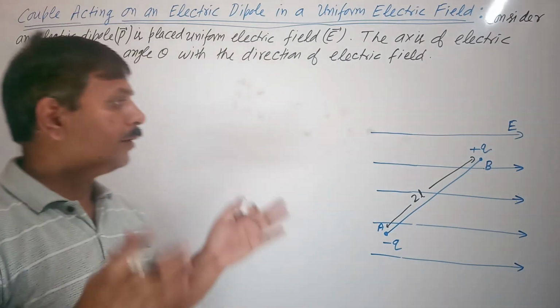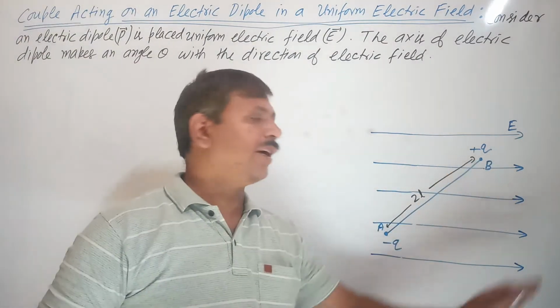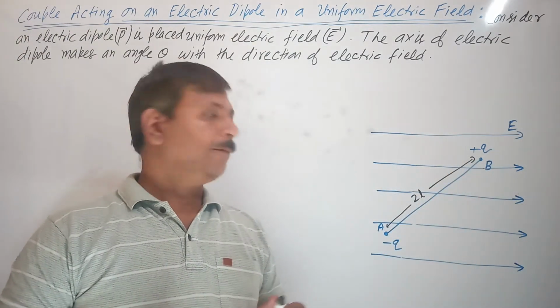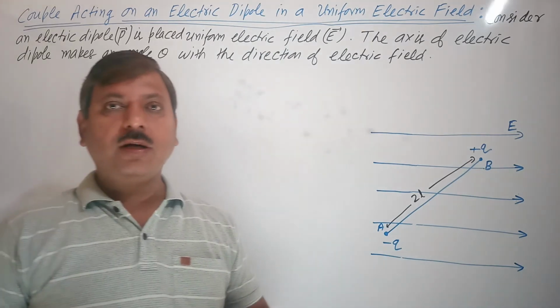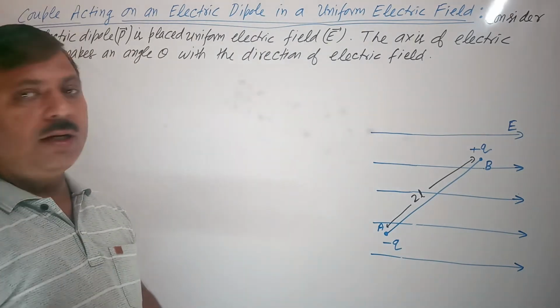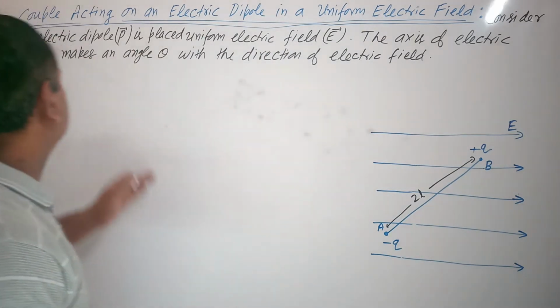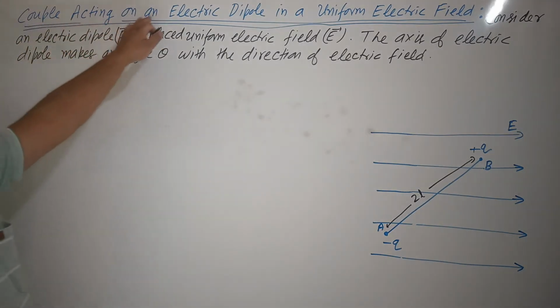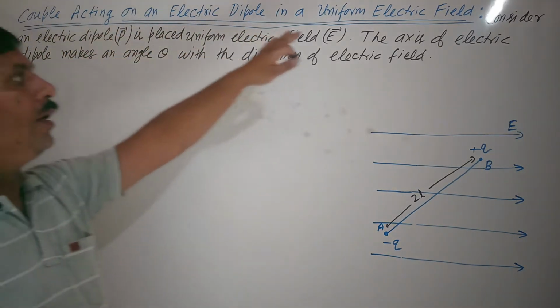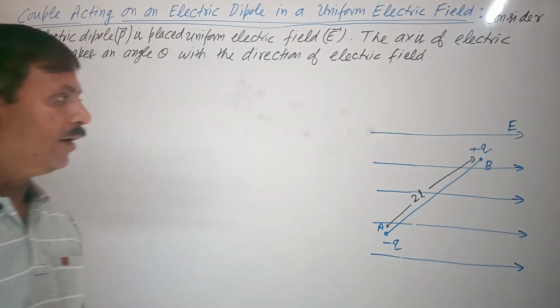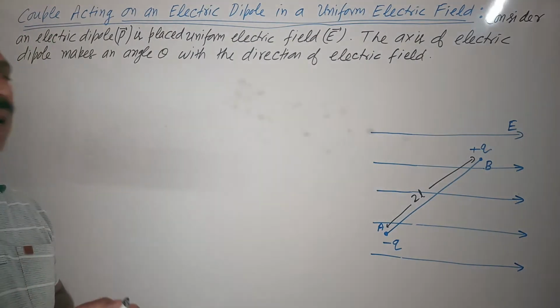See, when a dipole is kept inside a uniform electric field, it experiences torque. We are going to calculate the torque acting on an electric dipole in a uniform electric field. How much torque will act?